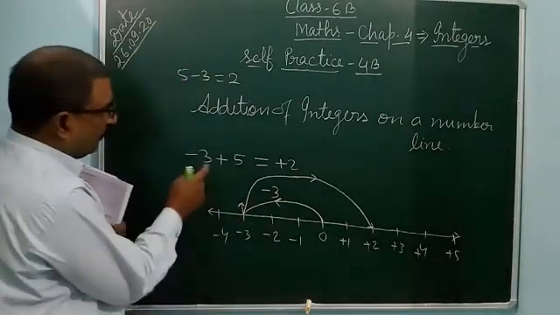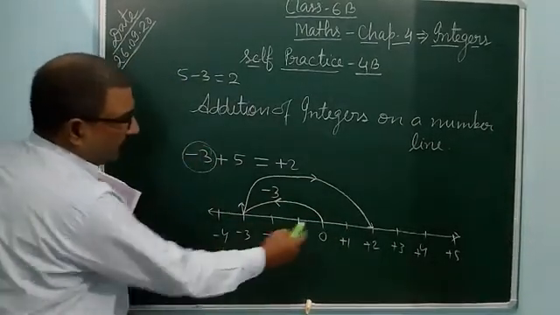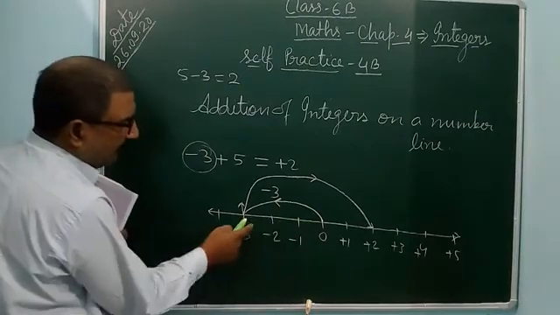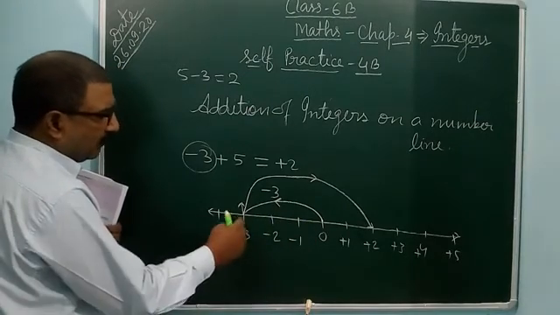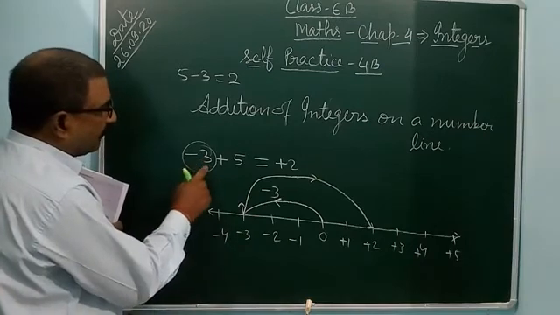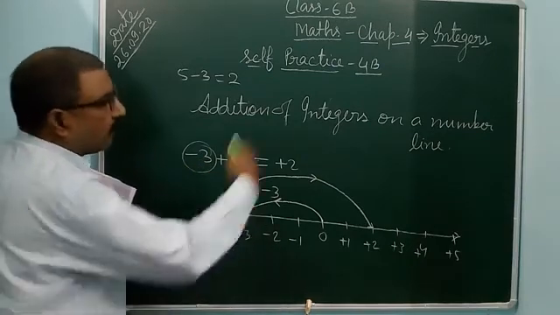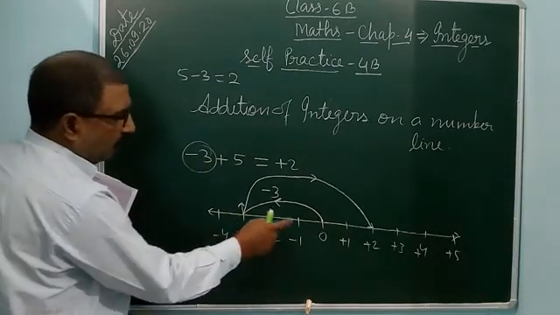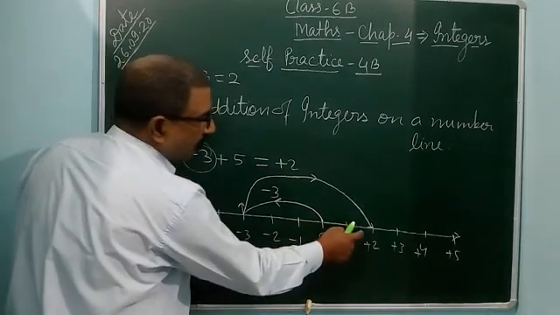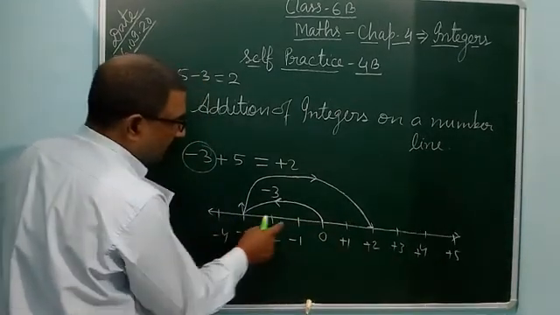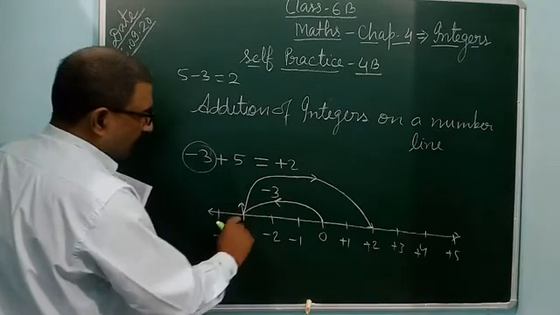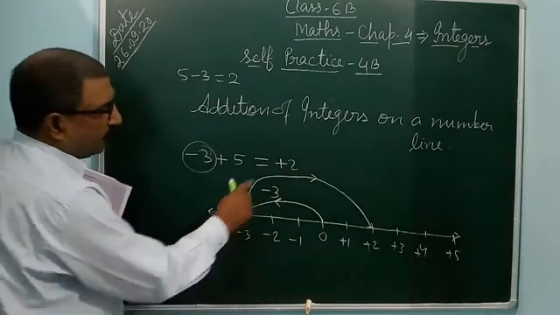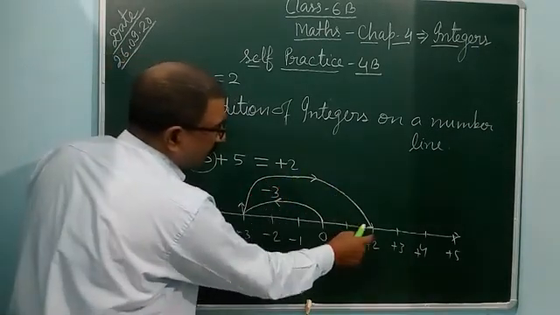See, firstly minus 3 is there. From 0 to minus 3, you take 3 gaps on the left side. After that, minus 3 plus 5: plus 5 means 5 gaps on the right side, 1, 2, 3, 4, 5. From minus 3, 5 gaps means it comes on 2.